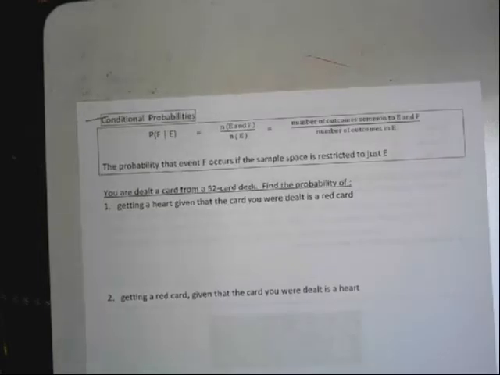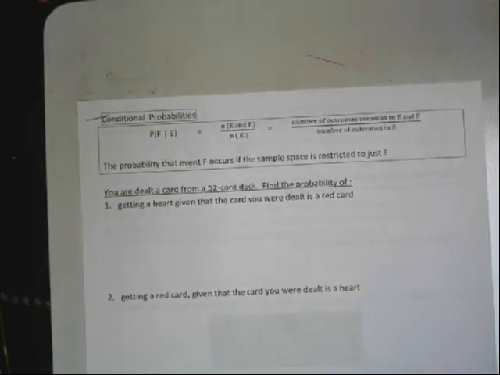You are dealt a card from a 52-card deck. Find the probability of getting a heart given that the card you were dealt is a red card. All right, anytime that I have a given, that means that my bottom number, what I'm choosing out of, is changing. So normally when we're choosing a card, it would be out of 52 because there's 52 cards in the deck.